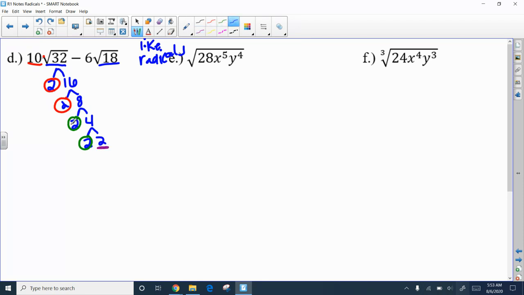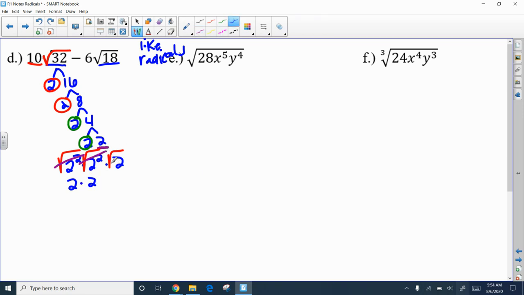So I can write this as 2 squared times 2 squared times 2. But they're all under a square root. So the squared ones, the square root of 2 squared and this square root of 2 squared, the square root and square get rid of each other. So we're just left with 2. Same thing on this one. So 2 times 2.